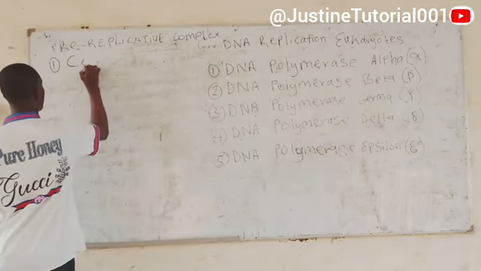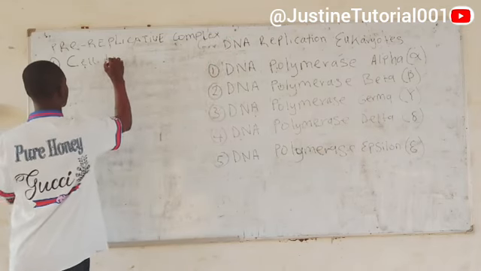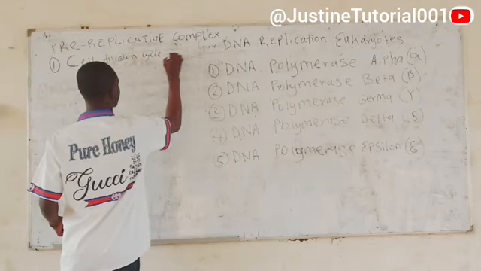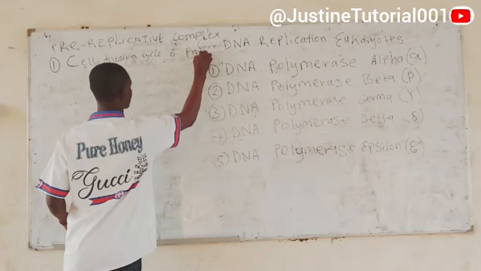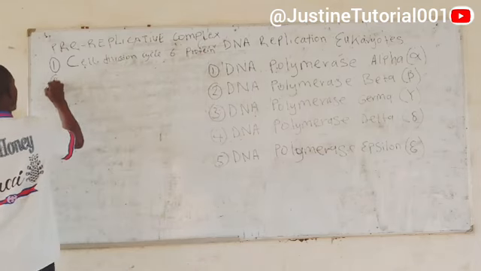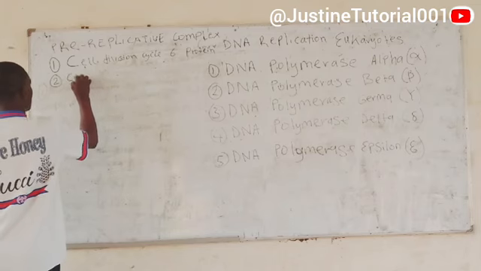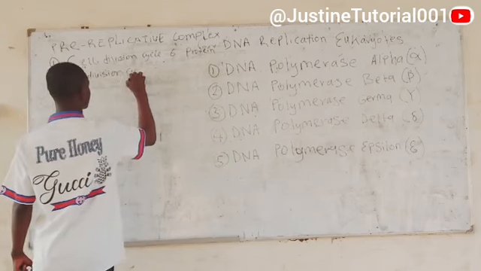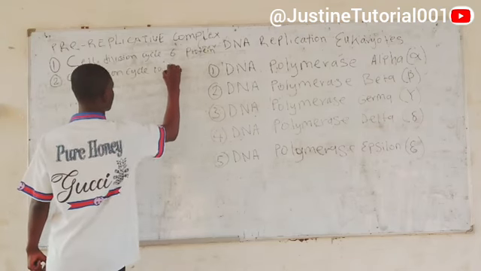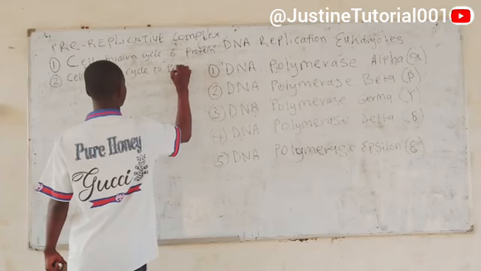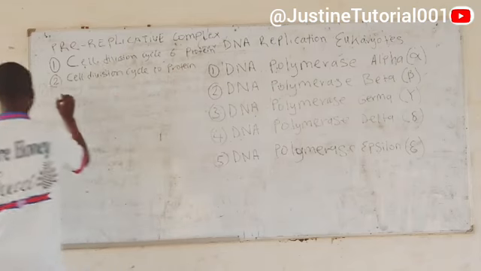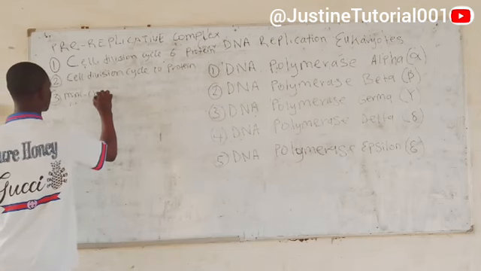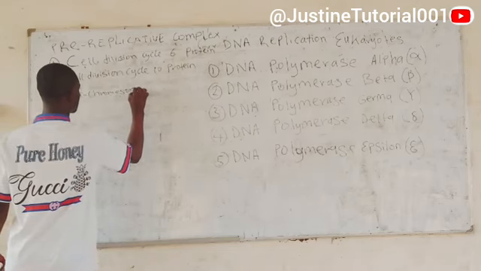We have the cell division cycle 6 protein. The second one is the cell division cycle 10 protein. The third one is the mini chromosome maintenance protein.